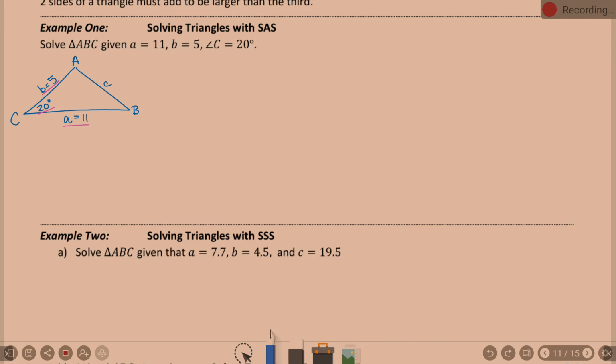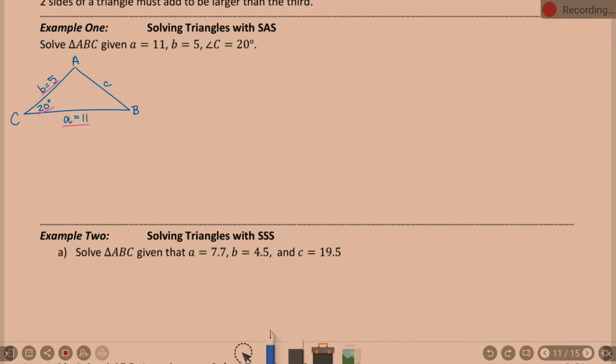Now, based on what we're given, which version of law of cosines must we start with? We're given sides A and B and angle C. Okay, the one that has angle C in it, yes?